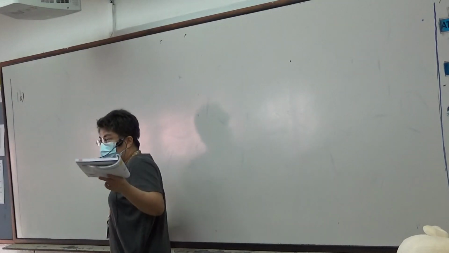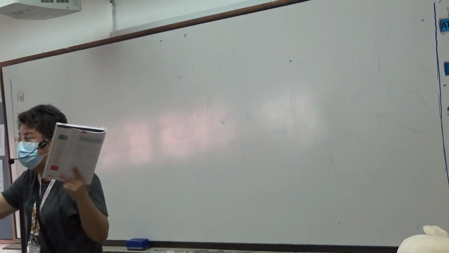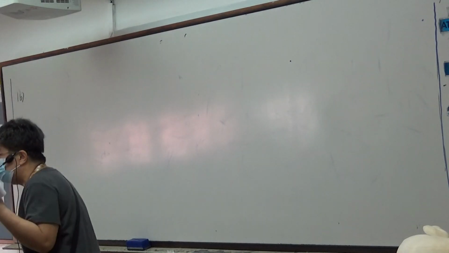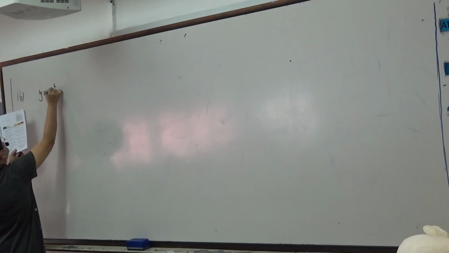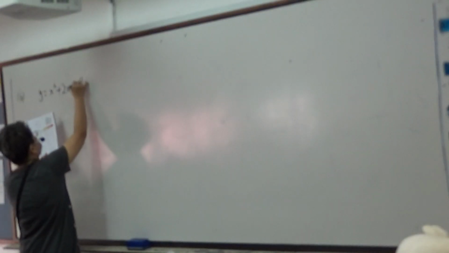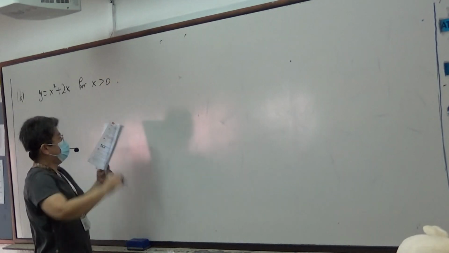Now, what's the question asking for? You are supposed to explain why y is increasing, not assume y is increasing. Okay, let's write down the equation first. y equals x squared plus 2x for x bigger than 0. Write down this whole thing.